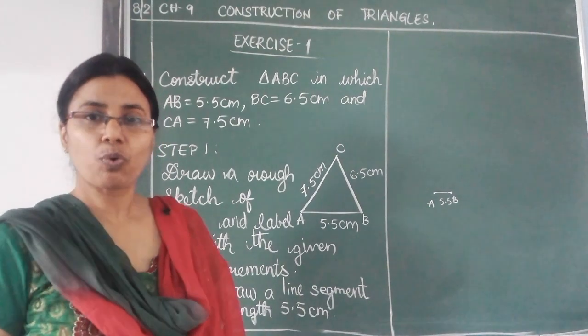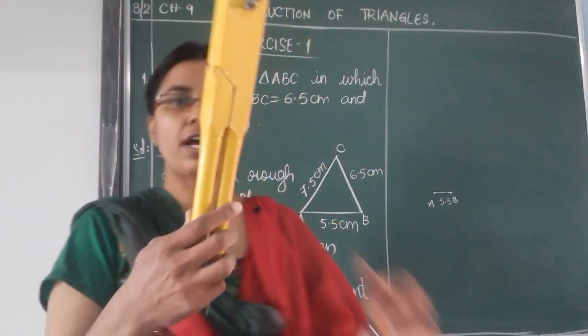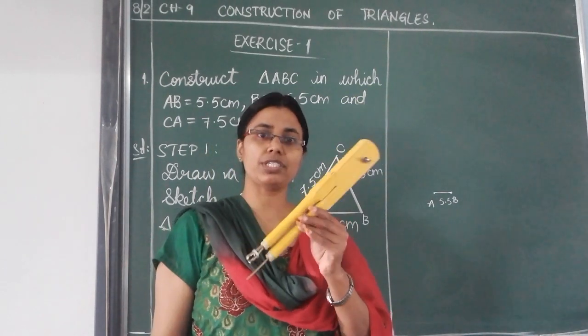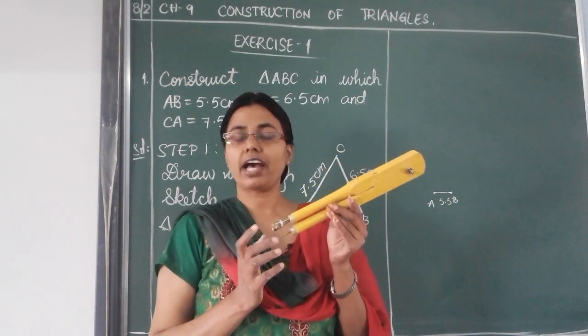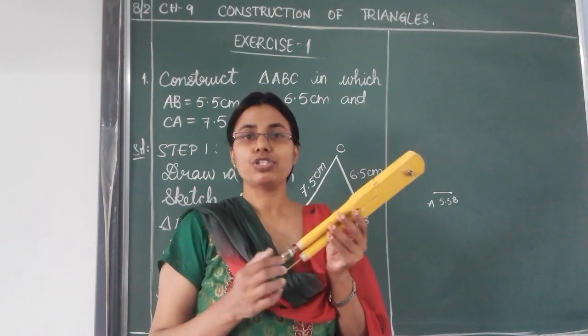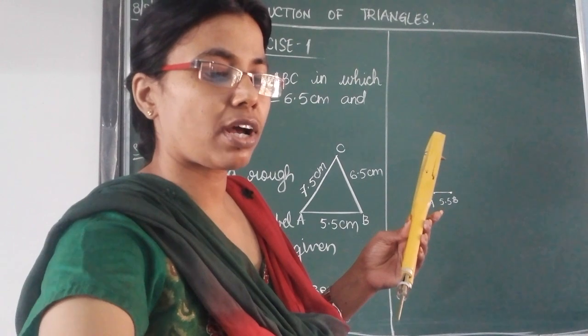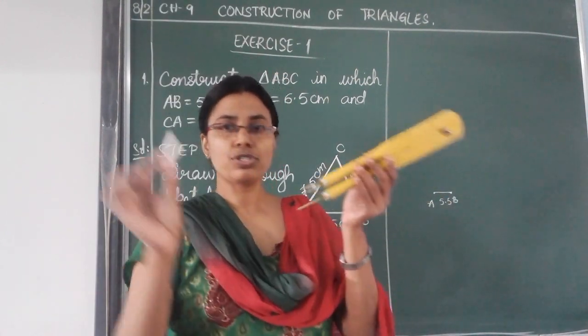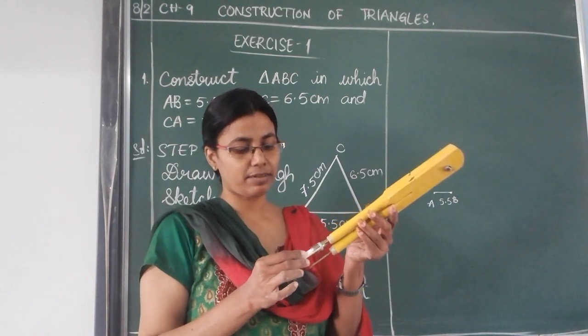So now what you are going to do is you have to take your compass. Are you able to see my compass? Yes, this is my compass and here I have to keep my chalk. So you have your compass. Please use your compass to draw. So here use your pencil and keep it inside.